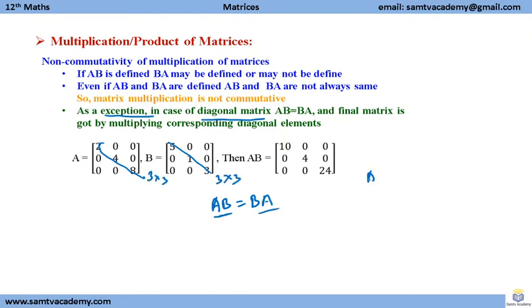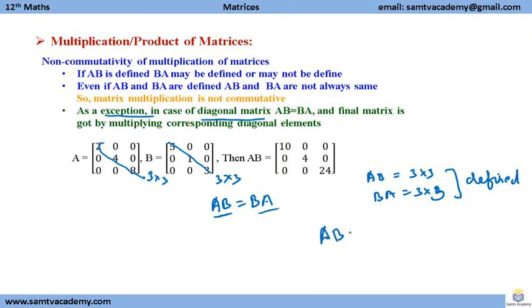If we take AB here, it is also a 3 by 3 matrix, and BA is also a 3 by 3 matrix, and both are defined and they are equal also.